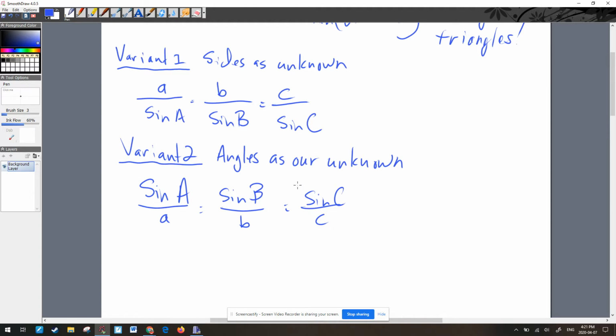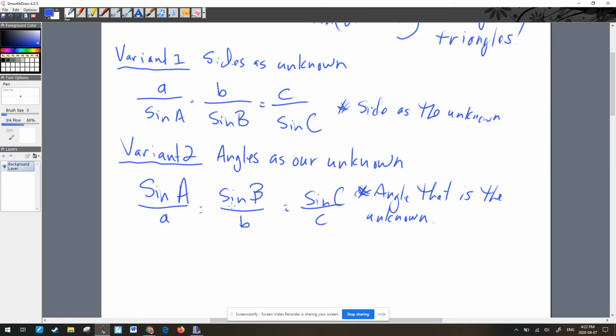So variant one is useful if we want to find our sides, so a side as the unknown. And this one down here is useful for when it's the angle that is the unknown. Okay, so those are the two variants.